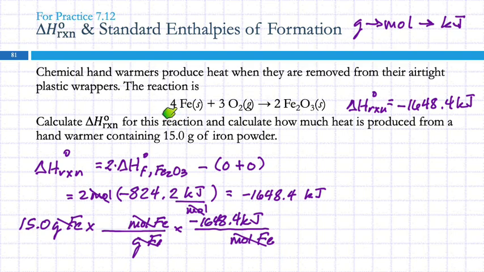The coefficient, right? There's 4 moles of iron in this equation. So this is the amount of energy released when 4 moles of iron reacts. And then we need the molar mass of iron, which is 55.85 grams. So 15 divided by 55.85 times negative 1648.4.